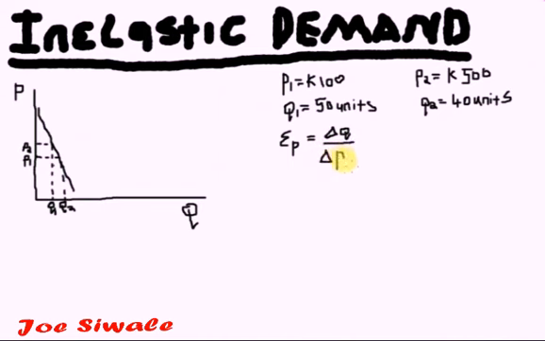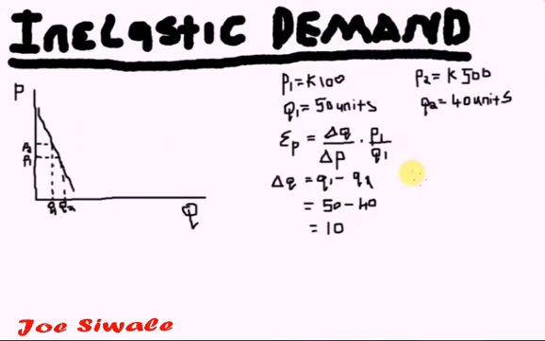So we say EP is equal to change in Q over change in P, multiplied by P1 divided by Q1. This formula, you use it when you're calculating the price elasticity of a product using the percentage method. The first thing I'm supposed to do is to find the change in Q and the change in P. The change in Q is equal to Q1 minus Q2. My Q1 is 50 units minus my Q2, that's 40 units, and 50 minus 40 is 10.